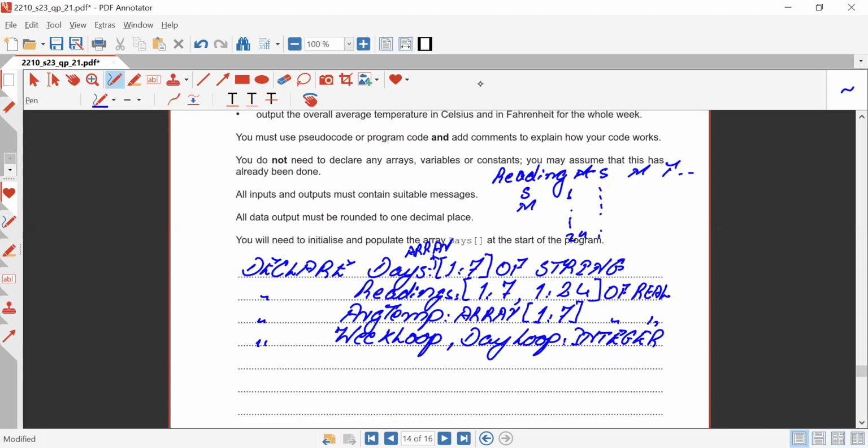Okay. So after week loop and day loop, we will be taking one more variable in temp that we'll be utilizing over here. We'll be taking the total day temperature as well. And just after the total day temperature, we need to have the total week temperature as well.